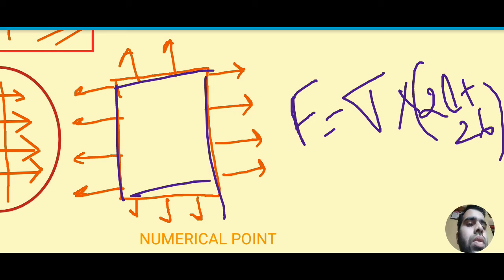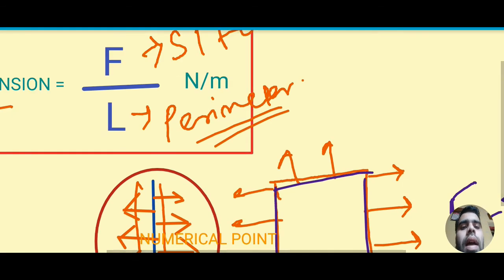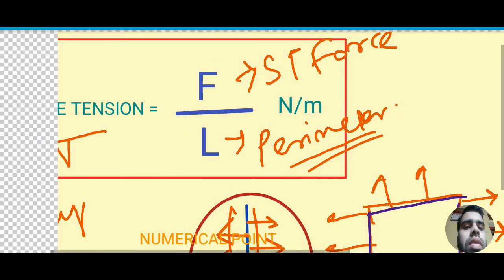So we just need the total length where the surface tension acts, multiplied by the surface tension value. So this is the formula for surface tension and this is the surface tension force.